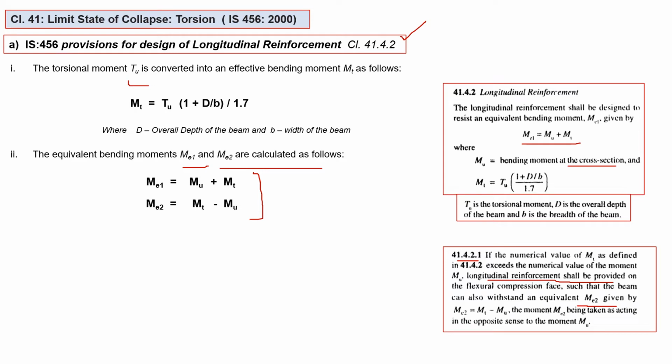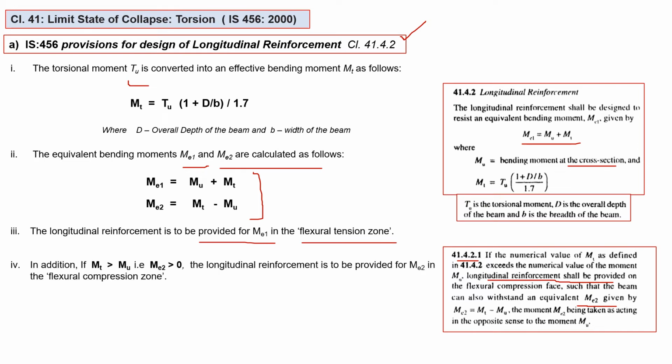So now let us elaborate it in detail. So what is the third point? The longitudinal reinforcement which we have to provide needs to be provided for ME1. So first of all we will calculate ME1, and based on that we are going to get the area of steel. That area of steel we need to provide in the flexural tension zone.